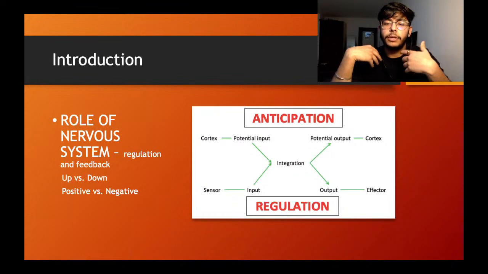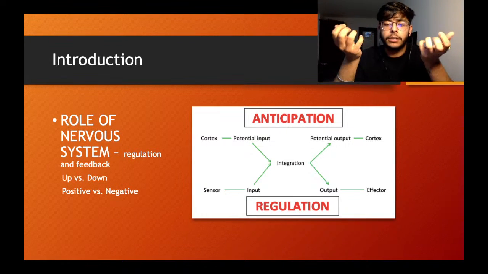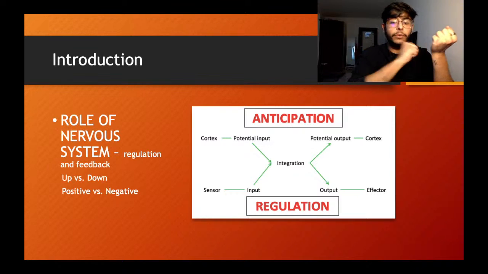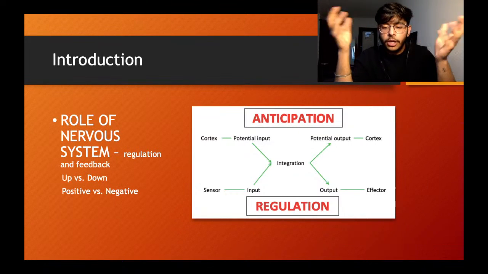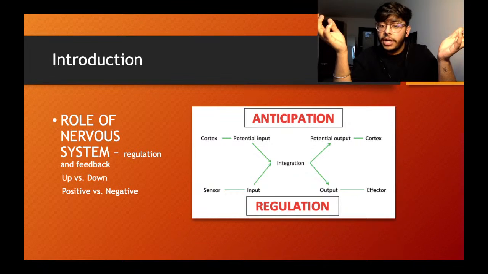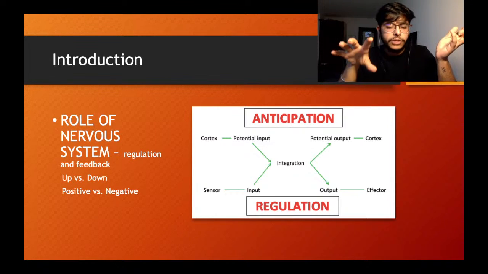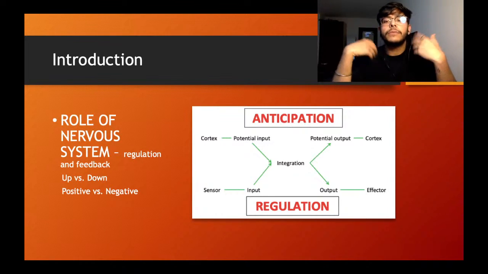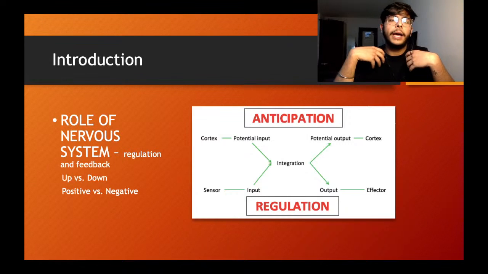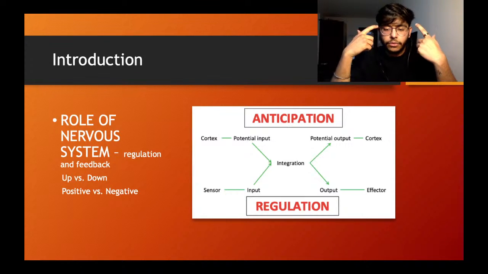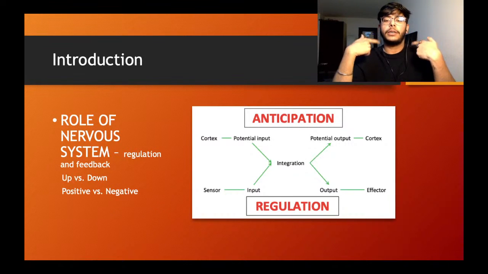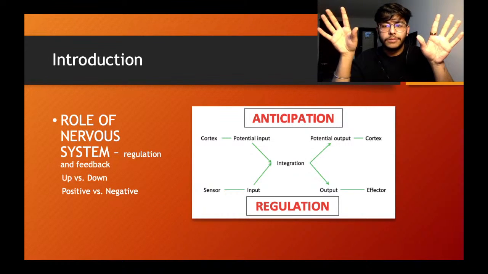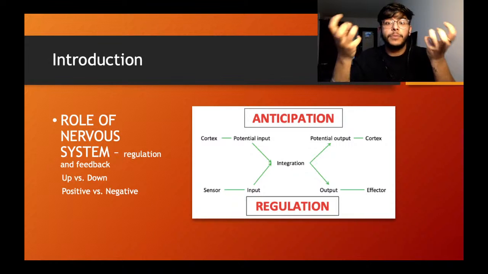Now, this output can be an actual mechanical reaction, which is moving away from maybe a stressful situation or a really hot pipe. You don't want to touch that, so your body is going to tell you, no, we need to move away. That's your output. And all of these things have to do with deciding a certain behavior in the CNS, and then that being put out into the world as a response.